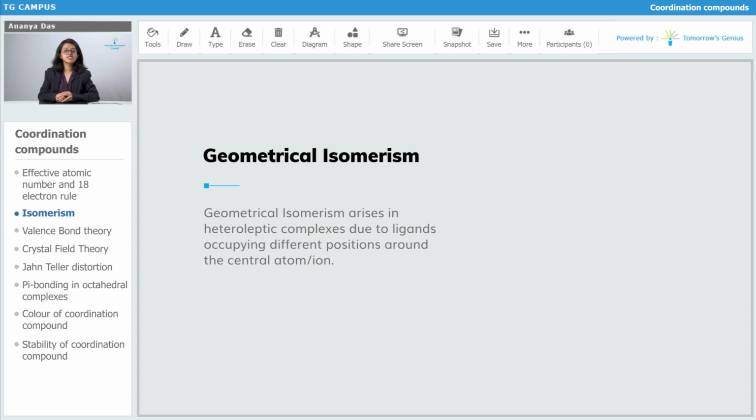Coordination complexes can be said to be of two types, homoleptic and heteroleptic. Homoleptic coordination complexes are those in which all of the ligands present within the coordination sphere are the same. If you talk about [Cr(NH3)6]3+, that's a homoleptic complex.